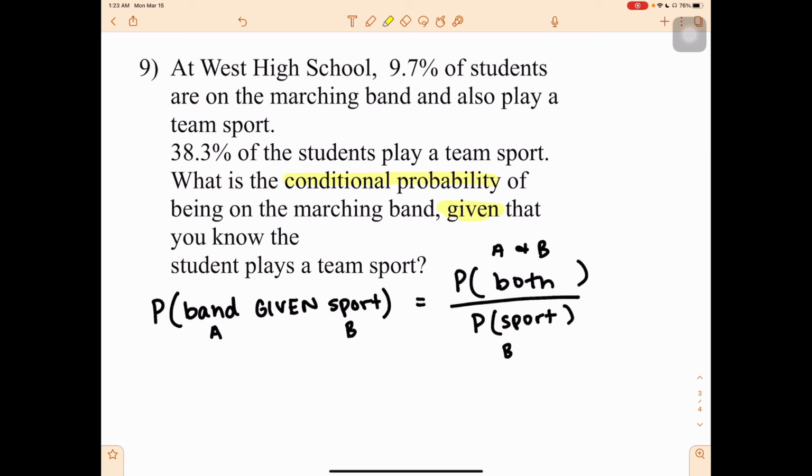Up here it says 9.7% of students are on the marching band and also play a team sport. So is that the probability of them doing both or the probability of them just playing a sport? Well, this one says "and play a team sport," so that's going to be the top probability here.